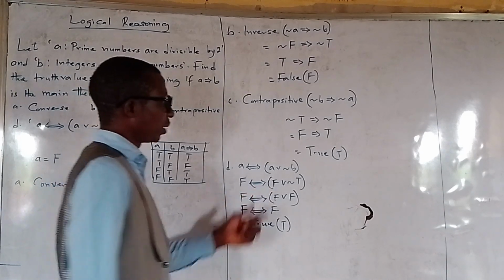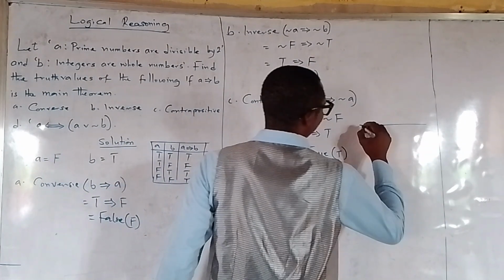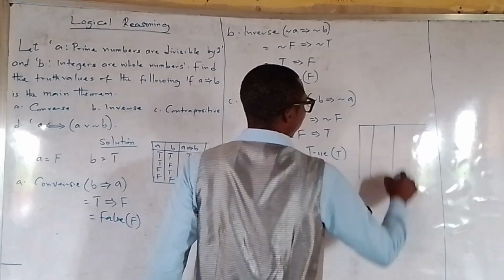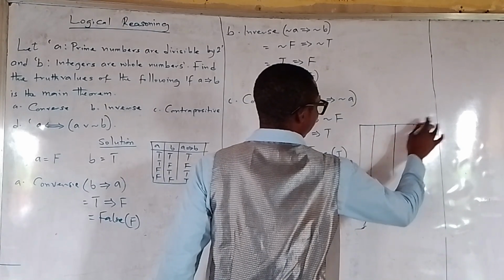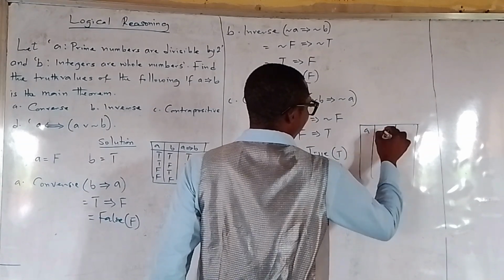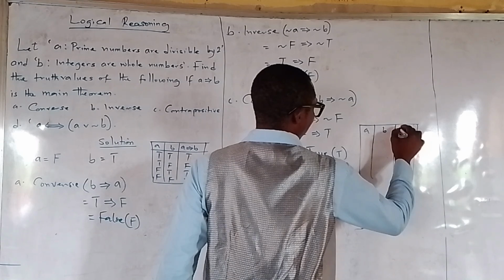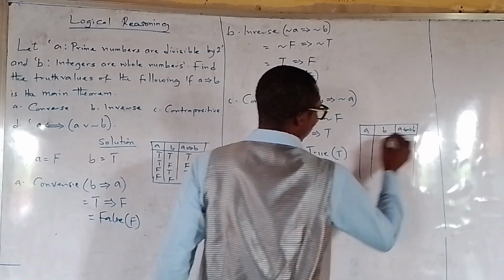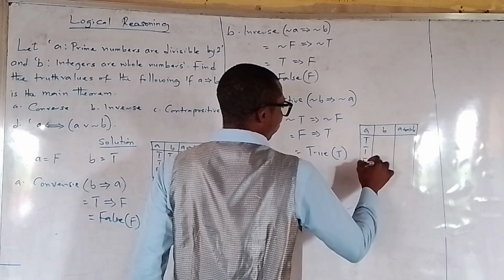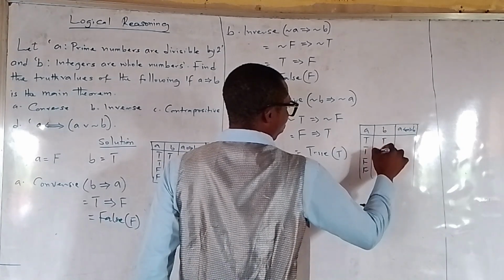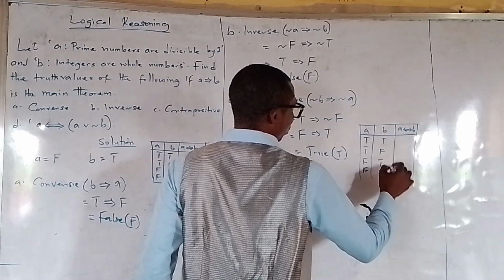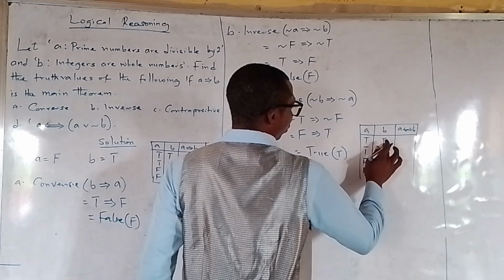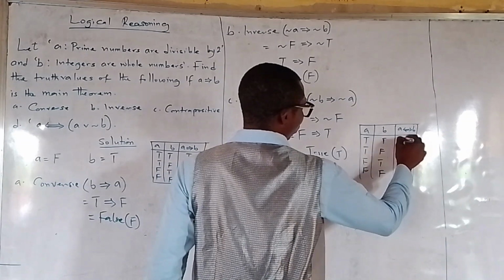So that's going to be our answer. Don't forget this one, we have the truth table for biconditional. We have A, B, and this is A biconditional B. What we have: true, true, false, false, true, false, true, false. So true biconditional true, that's true.